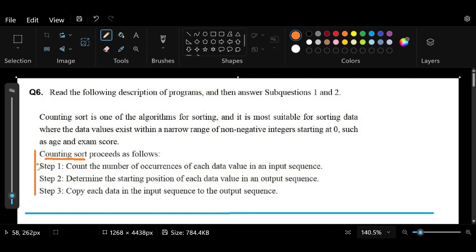That's why in this case we have 3 steps, and from there we'll be able to also identify the correct big O notation for this question.